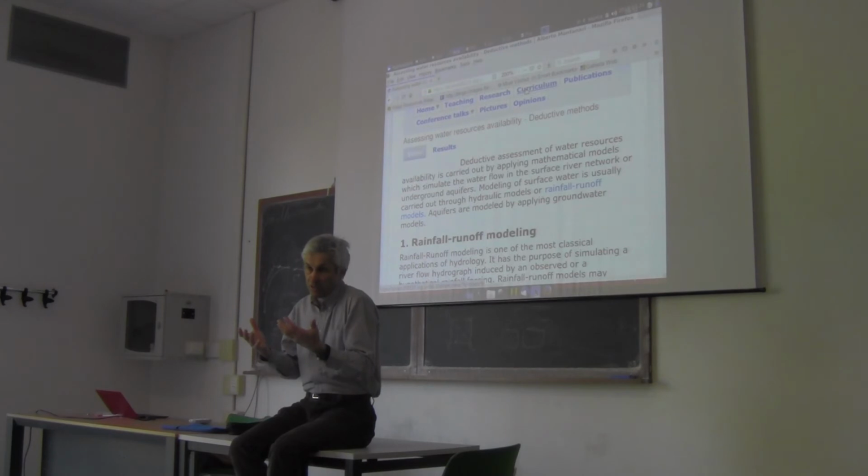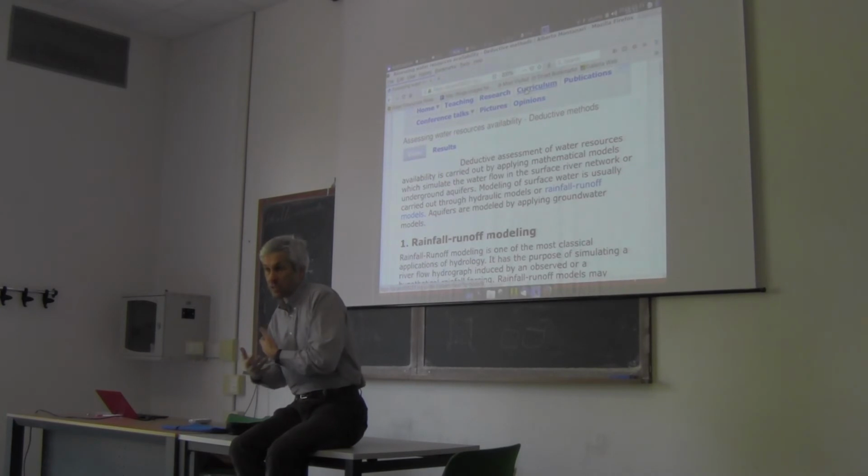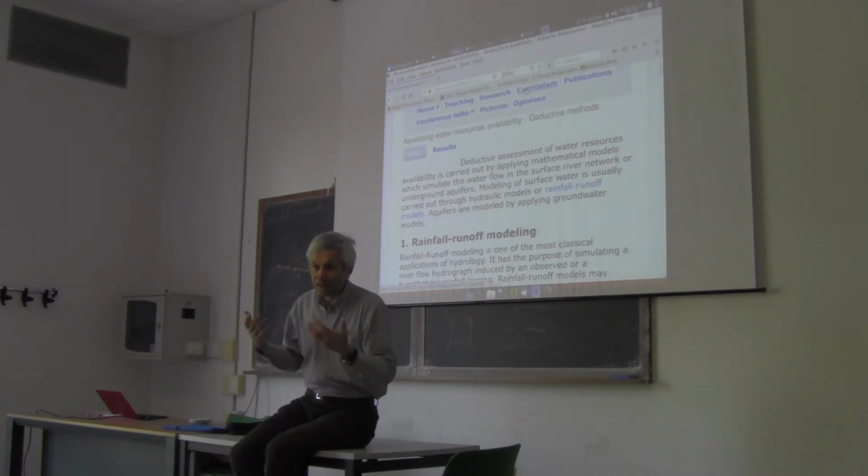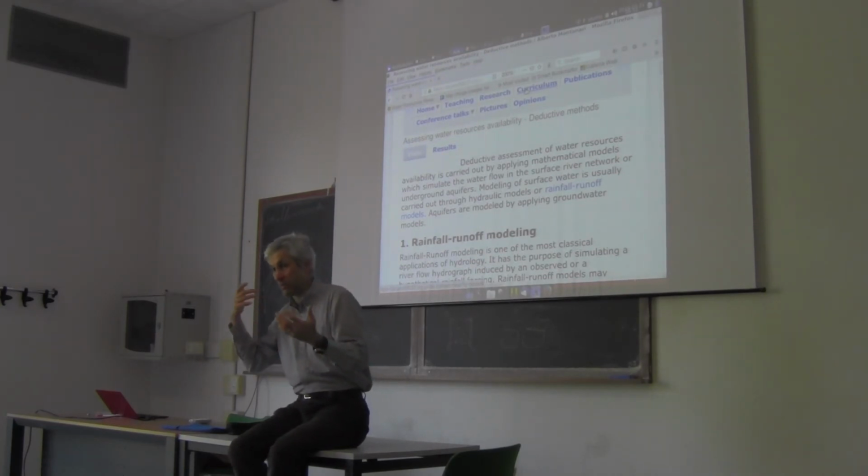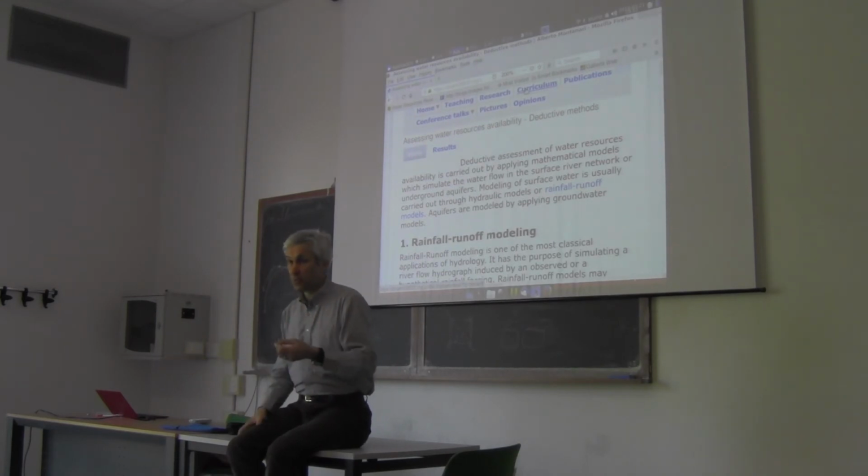Reducing the risk means reducing uncertainty. So you are obliged, you are called, to use all the information that is available. If you have data, it is absolutely unreasonable to discard the information provided by data. If you have theoretical knowledge, it is again absolutely unreasonable to discard the information given by theoretical knowledge.